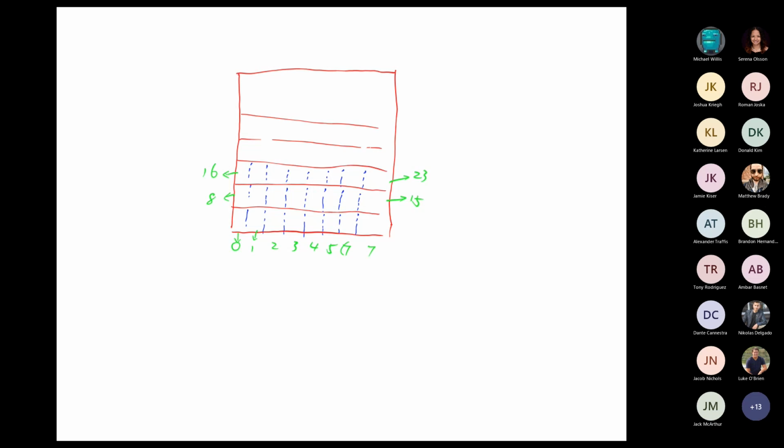Here is an example of how we address the subslots. You can see the leftmost subslot always has the smaller address, and the rightmost subslot has the higher address. So if we go through 0 to 7, 8 to 15, 16 to 23, it looks like this.